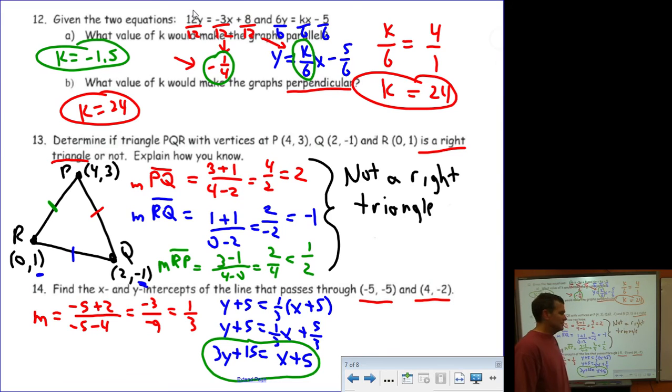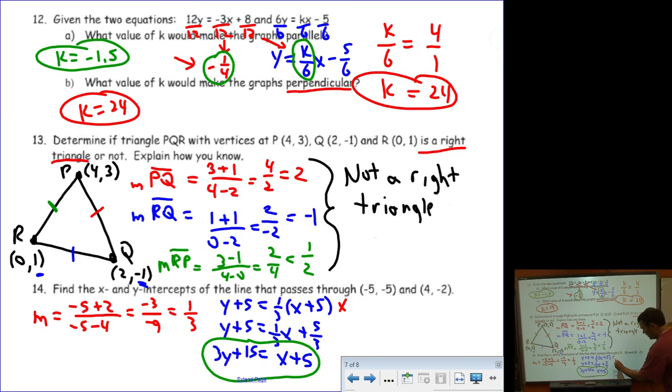The bottom line is to find the x and y intercepts, I need to put 0 in for the opposite variable. So if I put 0 in for y to find the x-intercept, I would have 15 equals x plus 5, or x equals 10. To find the y-intercept, I would put 0 in for x.